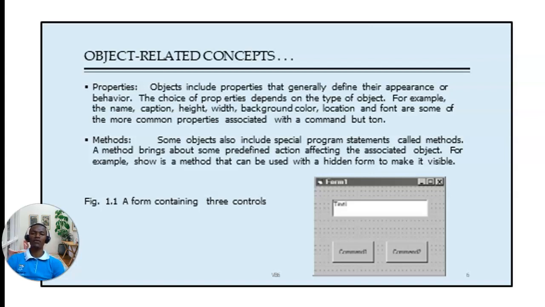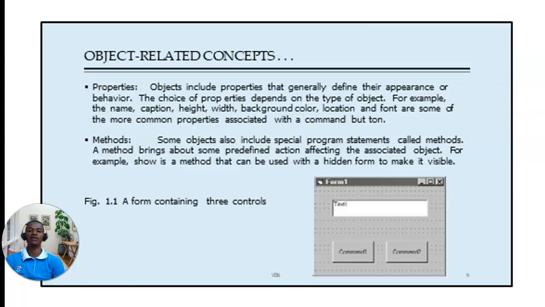What are methods? Methods in some objects also include special program statements, and they are called methods. These methods are also referred to as procedures or instructions. A method brings about some predefined action affecting the associated objects.